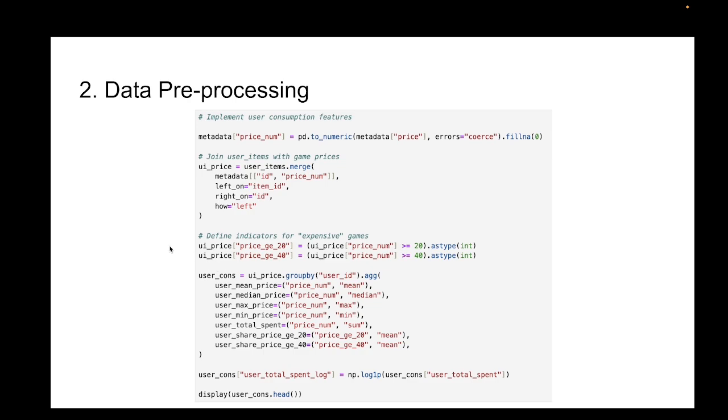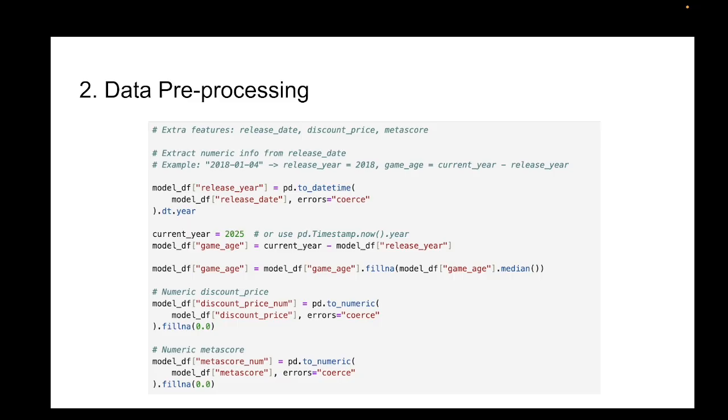This too will be just a list of 0 and 1s, and right here we would just add up these 0 and 1s to see what percentage of the total games that the user owns have a price greater than or equal to $20, and how many games have a price greater than or equal to $40. And the rest of it will be just the price, more information about the price of the games that the user owns.